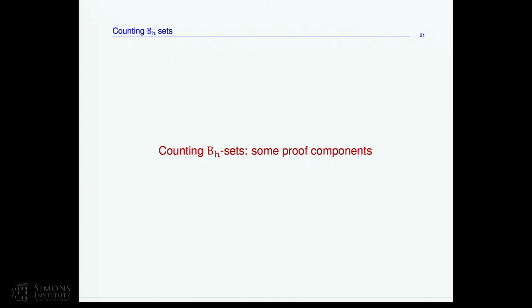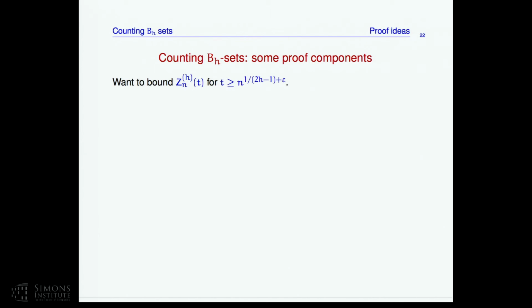So I'm out of time. I said that we do this counting by counting independent sets in graphs. Let me just quickly say what the graph is. We want to estimate this Z(n,h,t), and t is big.